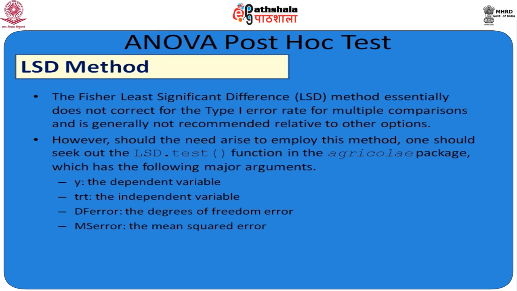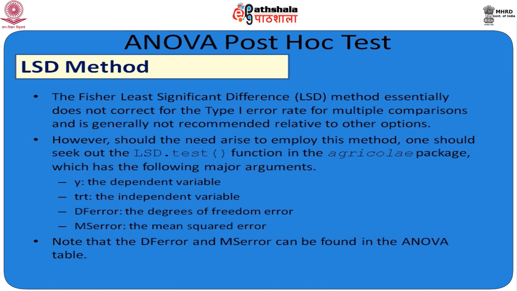In recent versions, some of the arguments are not required, and recent versions also help you if you want to combine the LSD with Bonferroni corrections or any type of correction. If you want to use the old method, that is also accepted by this function, and then the DF error and the MS error can be found in the ANOVA table.